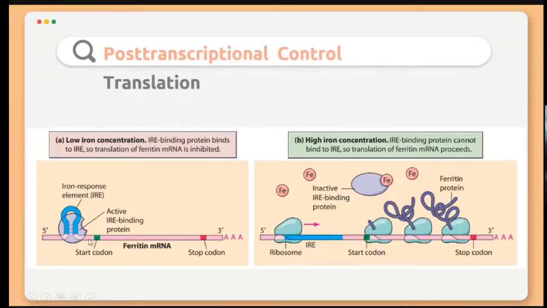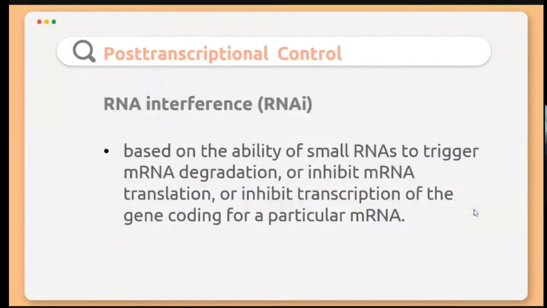And kapag naka-hairpin loop siya, hindi niya inaalaw yung binding protein para mag-pass through para ma-express itong ferritin mRNA. Okay. Pero kapag merong iron doon sa loob ng cell, magbabind ngayon yung iron doon sa binding protein. And ma-allow na ngayon yung ribosome to translate yung mRNA mo. So, ayun. Sa level yon ng translation.